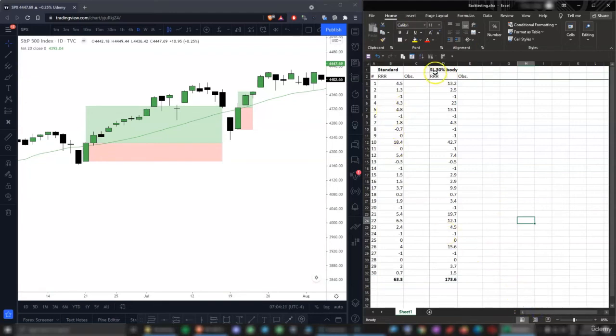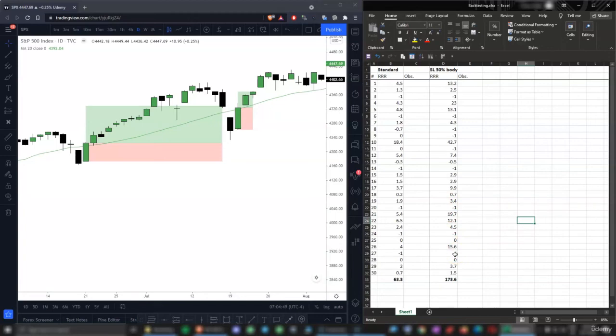Only if you modify the stop loss, let's count the number of losses. So if we have 1, 2, 3, 4, 5, 6, 7, 9 losses. 1, 2, 3, 4, 5, 6, 7, 8, 9, 10.